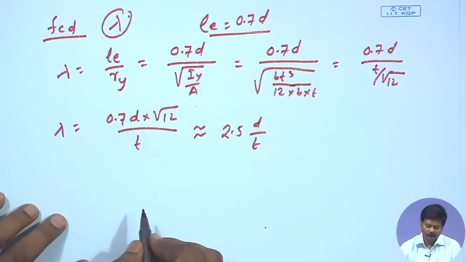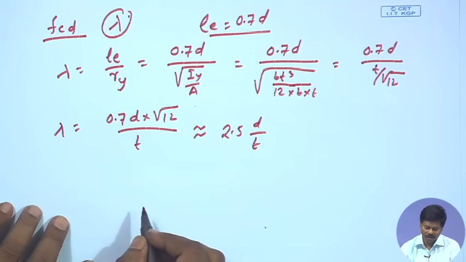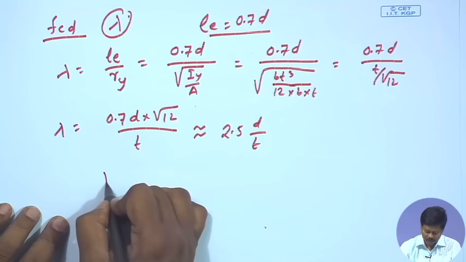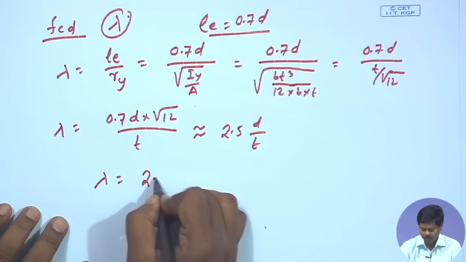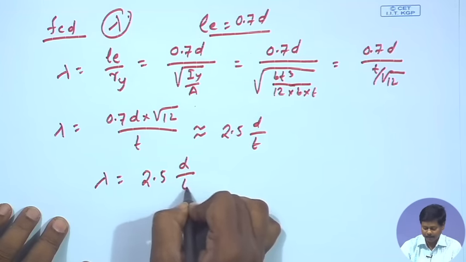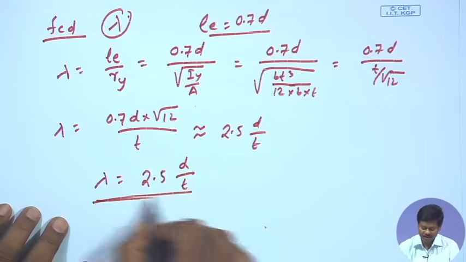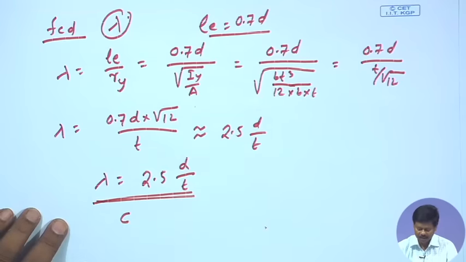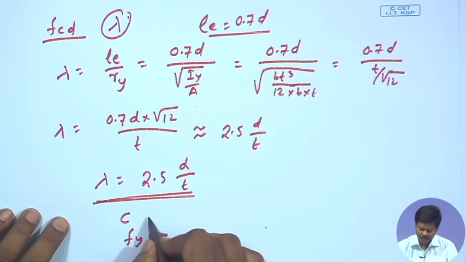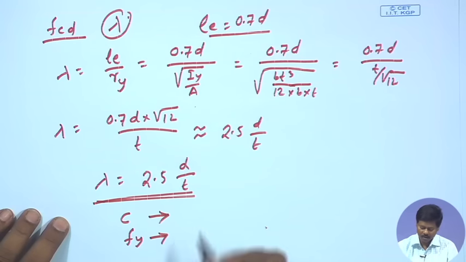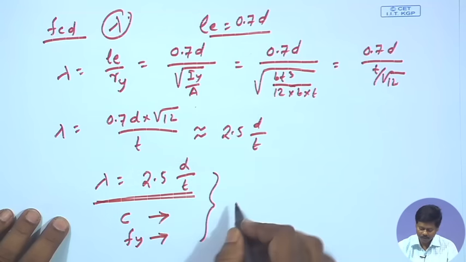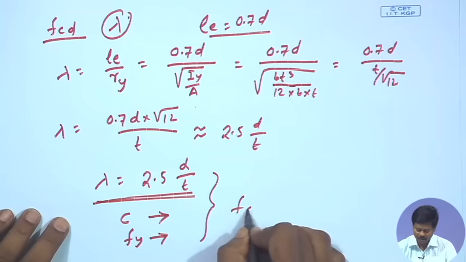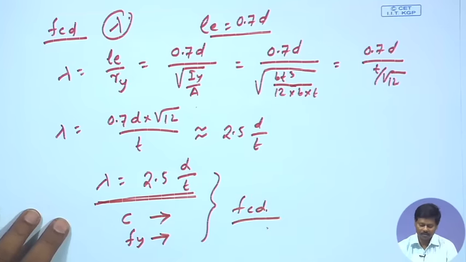So, for an idealized web strut, the slenderness ratio lambda can be found as 2.5 into d by t, from which the slenderness ratio can be found. For buckling class C and a particular grade of steel, we can find out the value of Fy, and we can find out the fcd value, the allowable compressive stress, from these parameters.